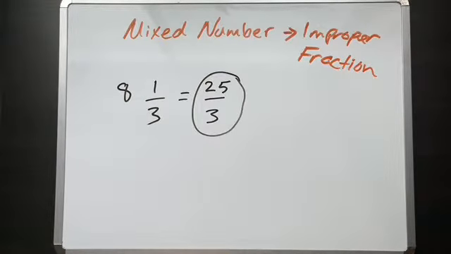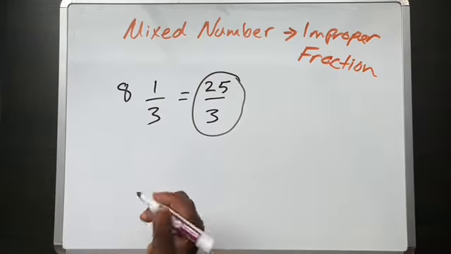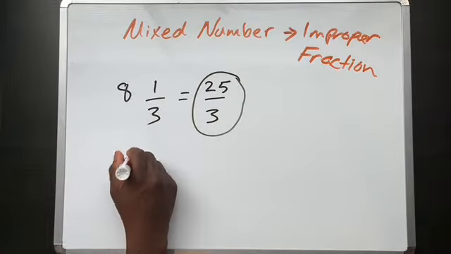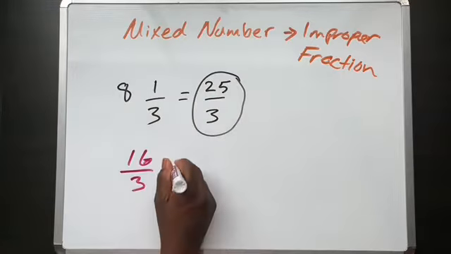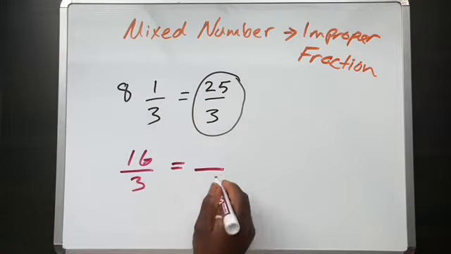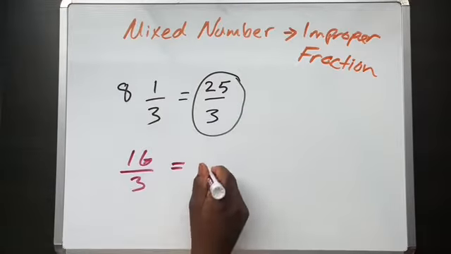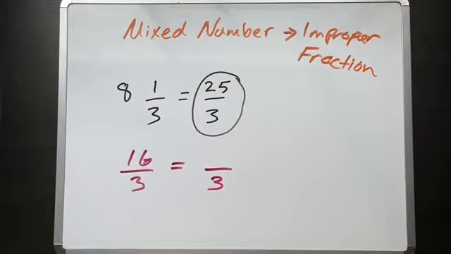Now, if I wanted to convert an improper fraction to a mixed number, I'm just making up numbers right now. Let's go with 16 over 3. Okay? So we know we're going to keep that denominator 3. 3 goes into 16 how many times? 5 times.